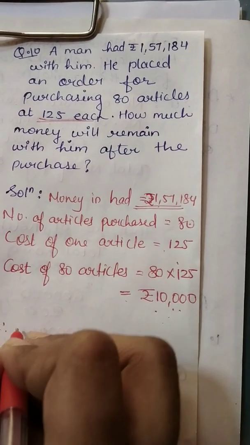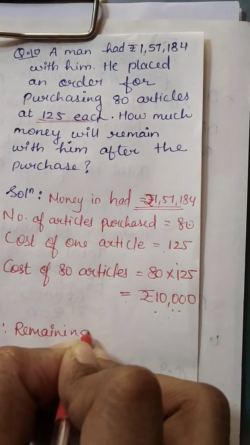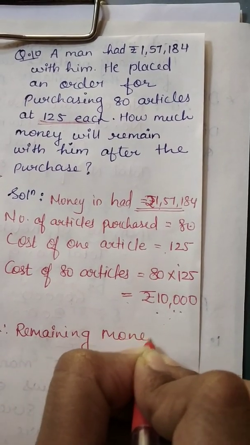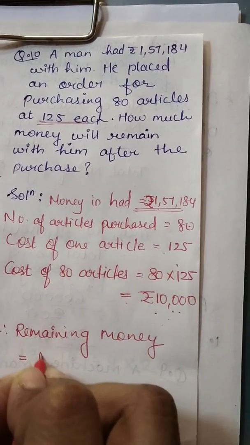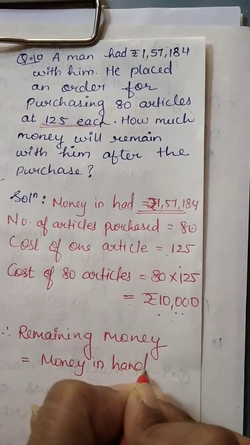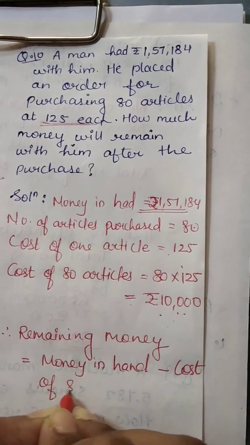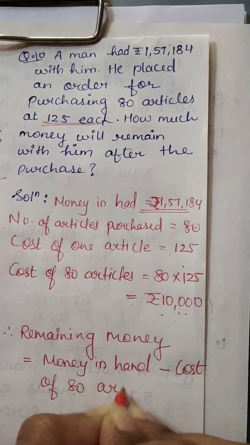Therefore, remaining money is equal to money in hand minus cost of 80 articles.